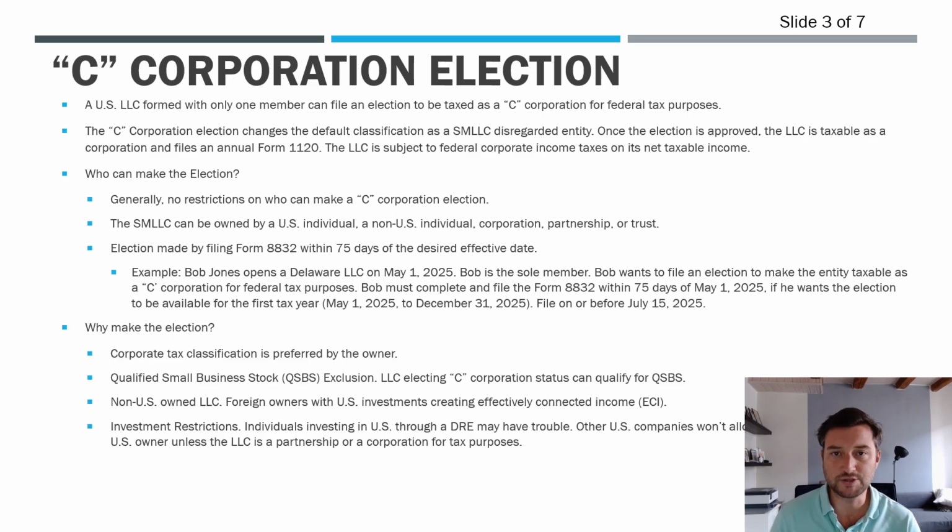If you're a non-U.S. person and you want to invest in this U.S. real estate fund, you need a U.S. entity, and it's got to be a U.S. regarded entity. For that reason, you can make this C Corp election, and then that will help solve that issue. Now you can go to the real estate fund and say, hey, I have a U.S. corporate entity. I'm not investing as a non-U.S. owner. I'm investing as a U.S. taxable entity.